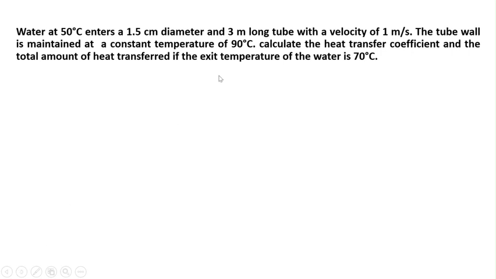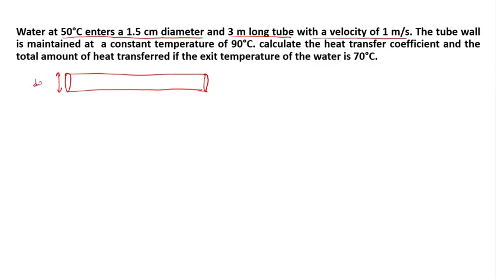In the problem, water enters at 50 degrees Celsius in a 1.5 centimeter diameter pipe, a 3 meter long tube, with a velocity of 1 meter per second. So the diameter d is equal to 1.5 centimeter, which can be written as 0.015 meter, and the length is 3 meter.